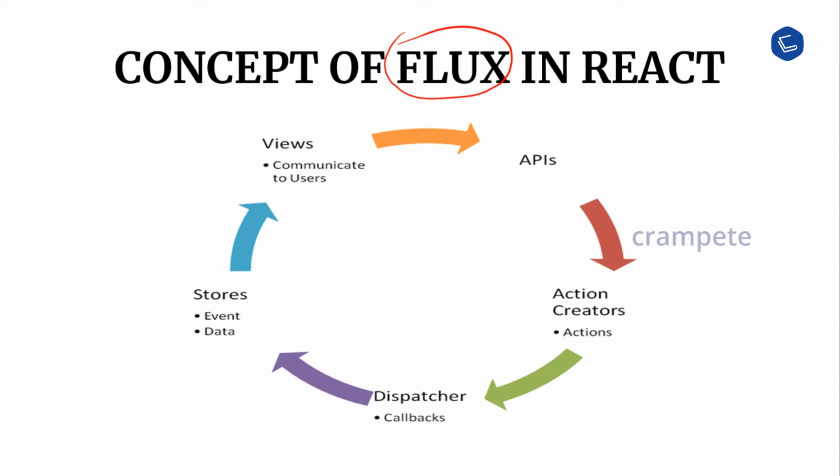Flux can be implemented using any platform or any programming language, but when it is used internally in React.js, it works wonders, especially when it comes to the UI and UX.